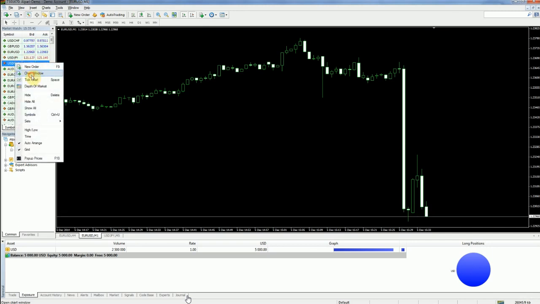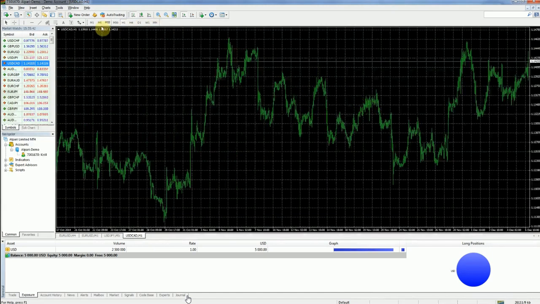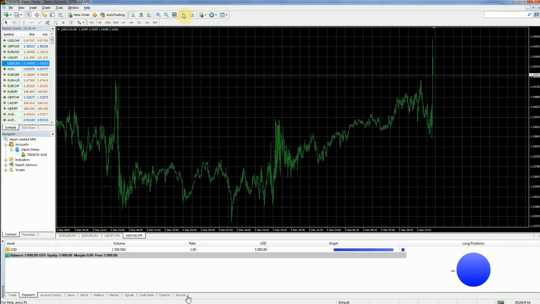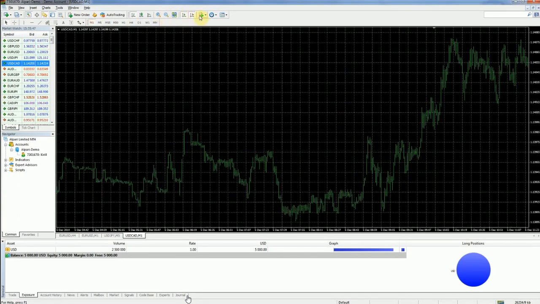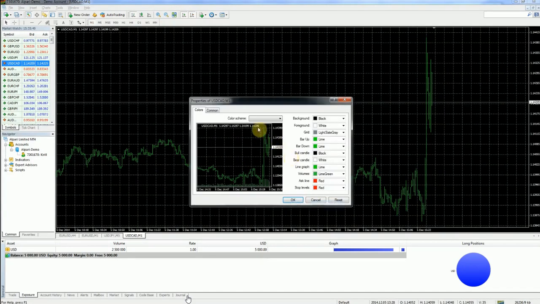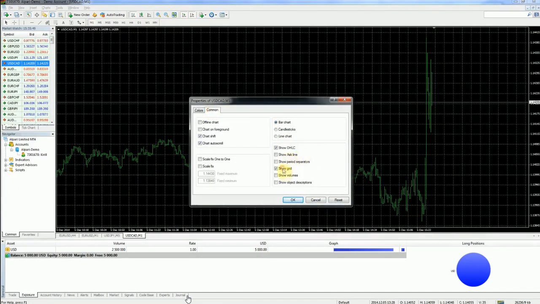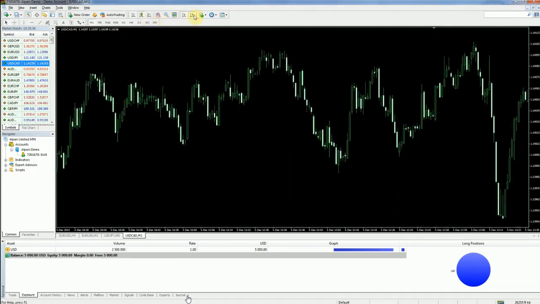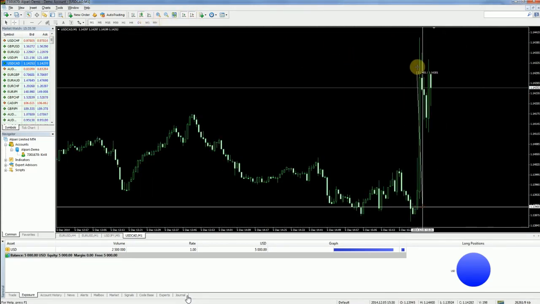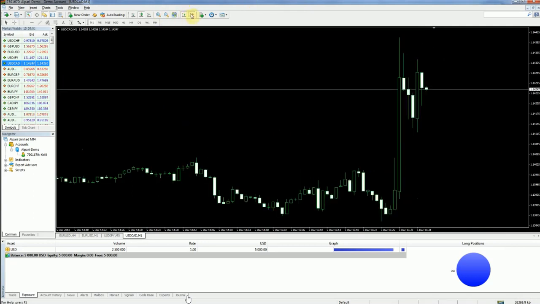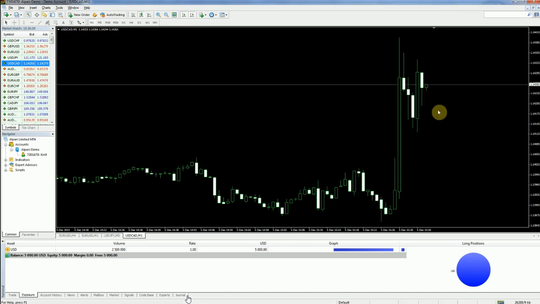So let's look at dollar Canadian, for instance, and we'll switch to the M1 chart to see what happened here. Let's get rid of the grid. What do we see here? We see a massive increase. So this is happening virtually on every currency pair that has the US dollar involved.